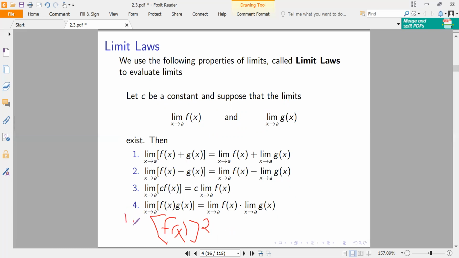So we'll be evaluating the limit as x approaches a of f of x all squared. On the right-hand side, remember you're having f of x here, so it will be the same thing as the limit of f of x, sorry for my bad handwriting, all squared.